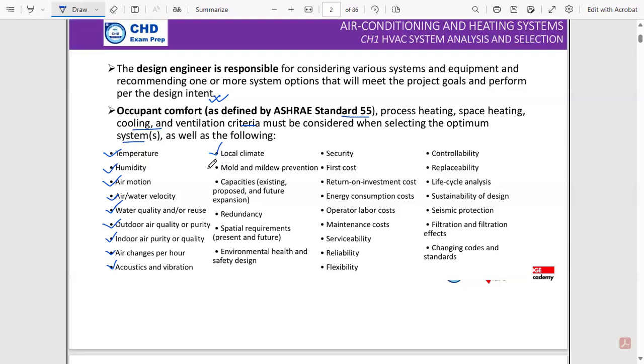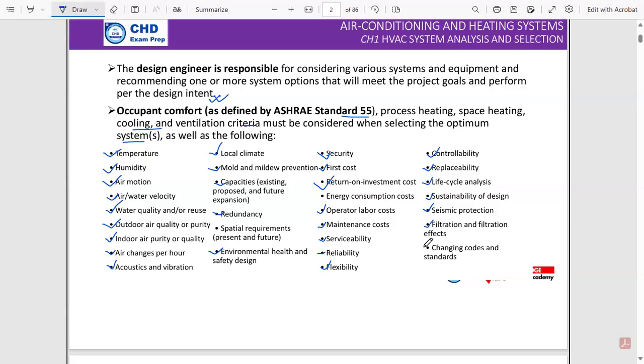Mold and media prevention, we will have a focus on these. Capacities, redundancy, safety equipment requirement, environmental health and safety design, security, initial cost, return on investment, operation and labor cost, maintenance cost, reliability, flexibility, serviceability, controllability, replaceability, life cycle analysis, sustainability of design, seismic protection, filtration, especially for critical projects like hospitals, pharmaceuticals, food factories.